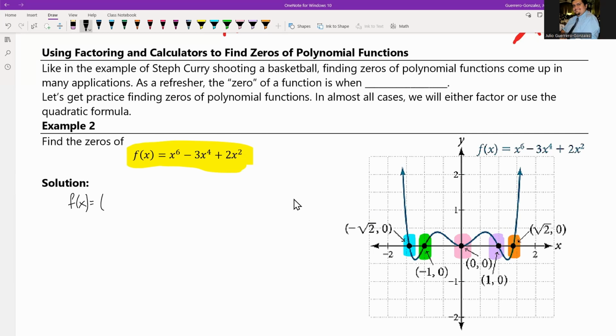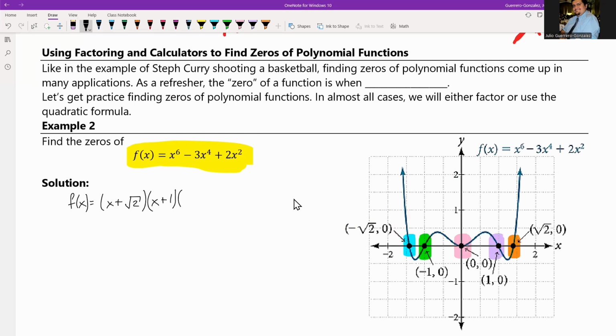One of them, the blue one, is negative square root of 2, 0. That is going to be, if you remember, x plus the square root of 2. The next point is going to be x plus 1.